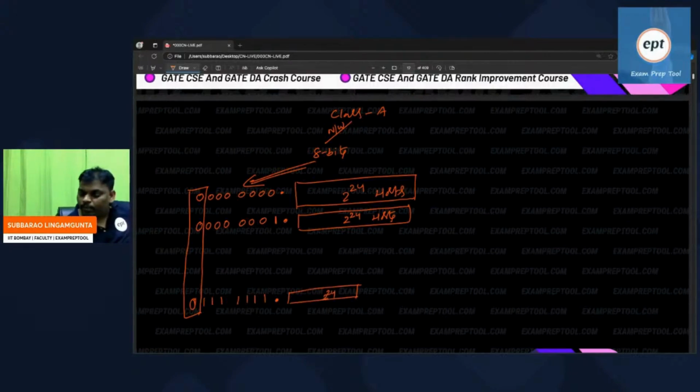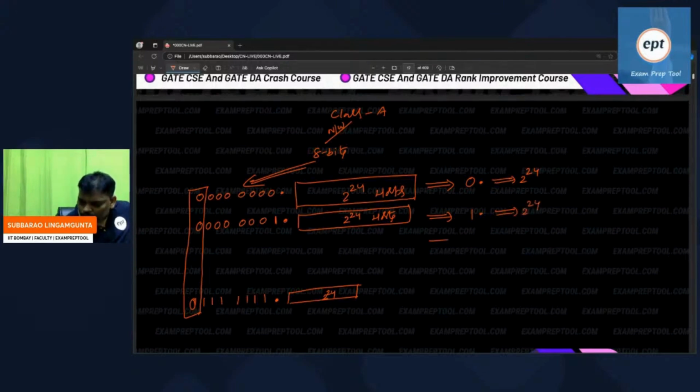Now, if I simplify, now I am writing everyone. Class 0 network, 2 power 24 possible. Class 1 network, 2 power 24.